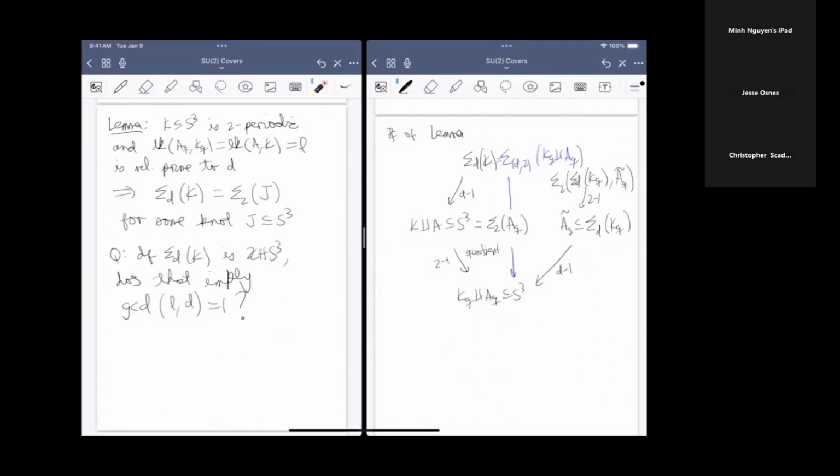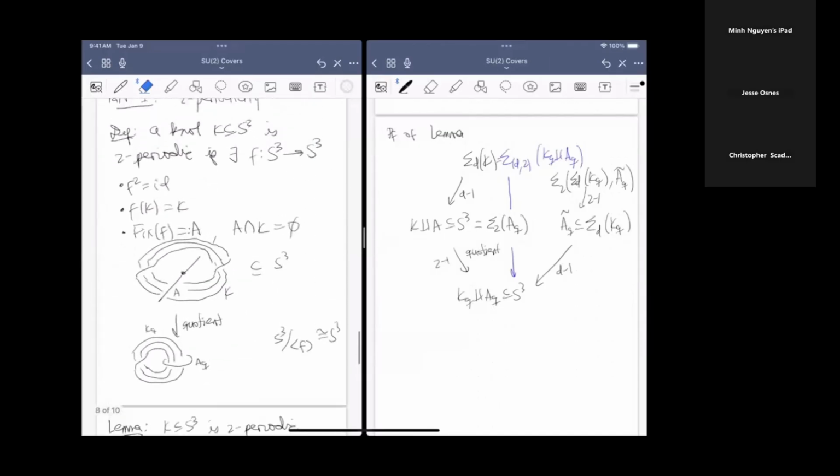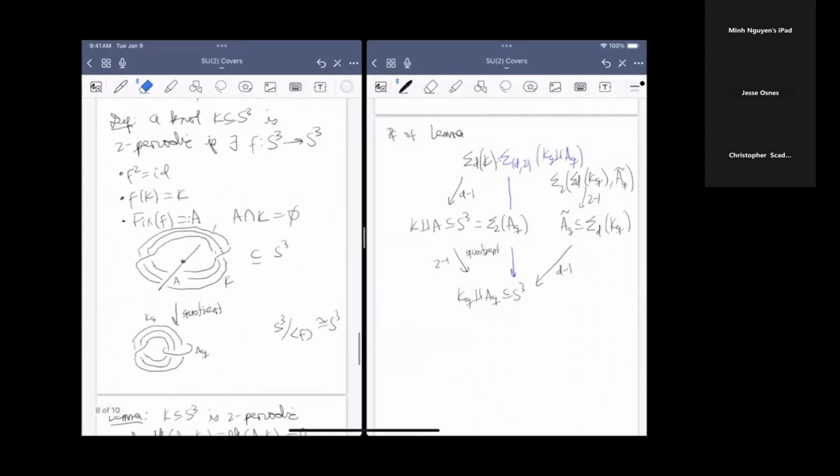And now, okay, so I lied a little bit here. This was imprecise because I said this is a knot in S3. That's not true in general. If I assume in my two periodicity definition that the quotient knot KQ is an unknot, which it is in this case, then that's true.